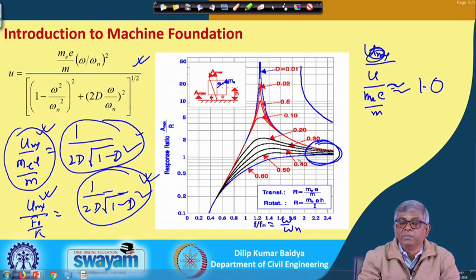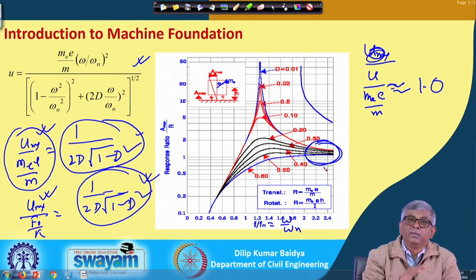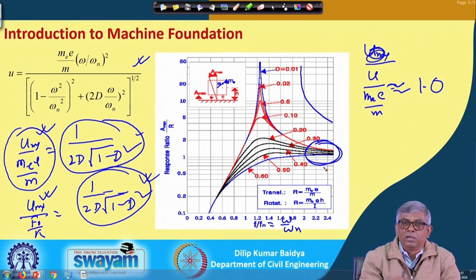That means, previously for the constant force system, we observed at a low frequency ratio, that means 1/10th or 1/20th of the natural frequency, the initial portion of the response curve, irrespective of the damping, has an almost constant value, that is nothing but equal to f naught over k.